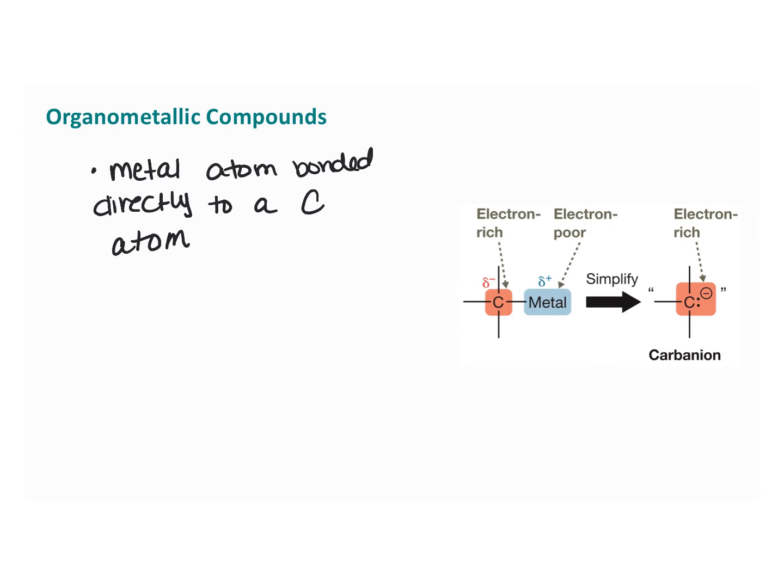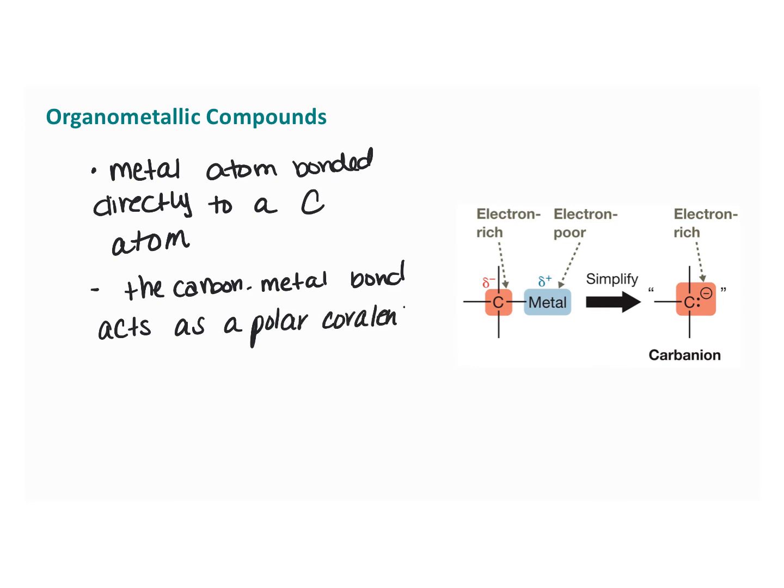So what we find here is that the carbon-metal bond acts as a polar covalent bond. And so what happens is carbon is more electronegative than the metal.